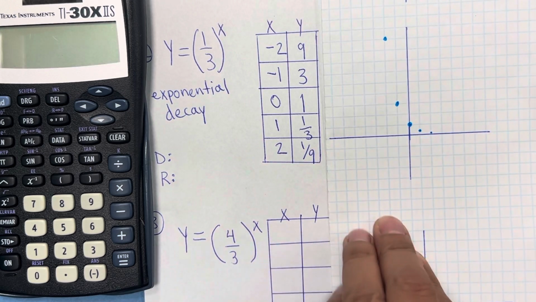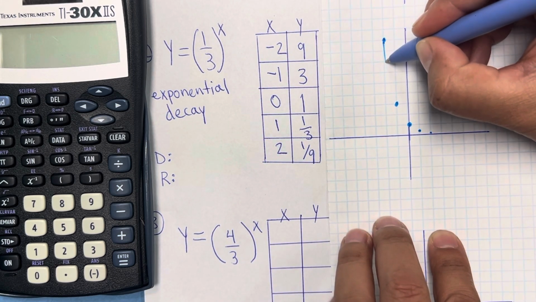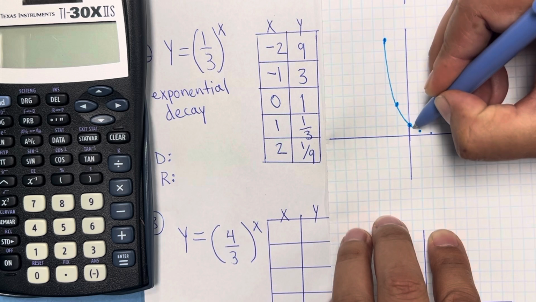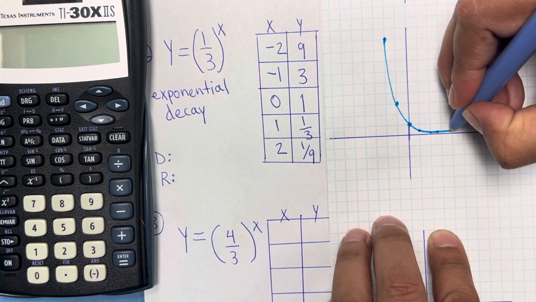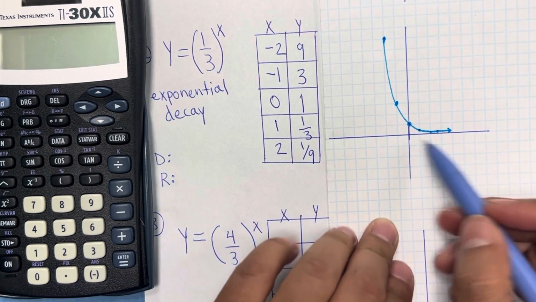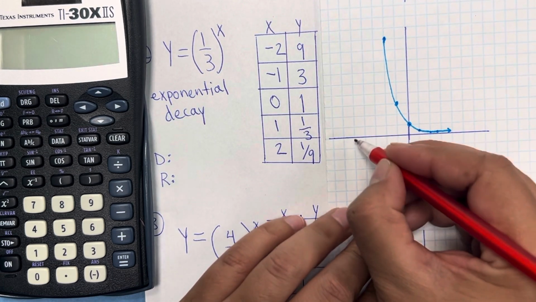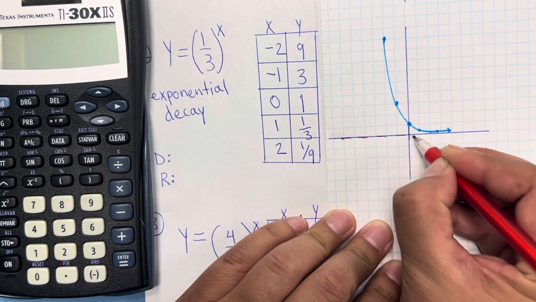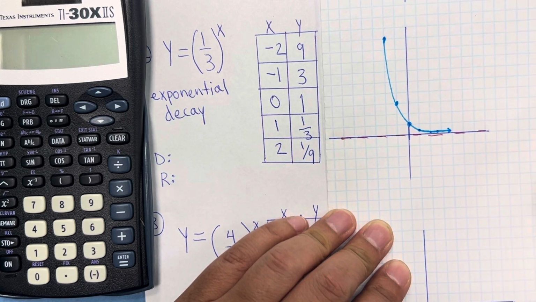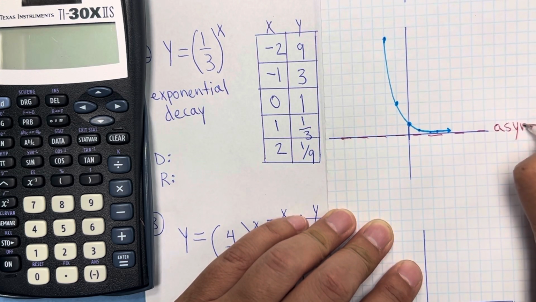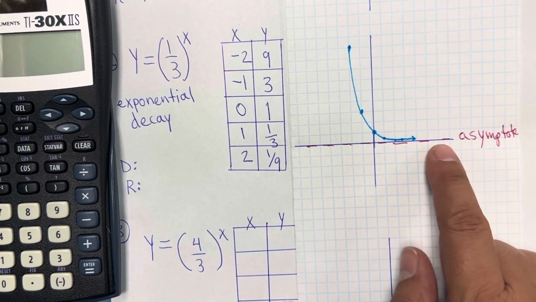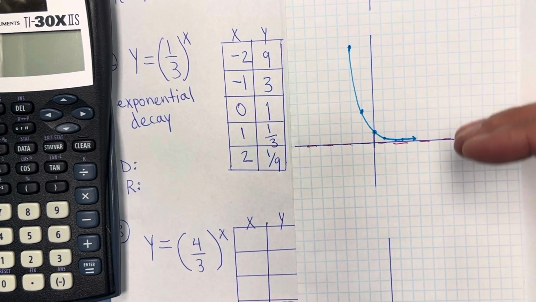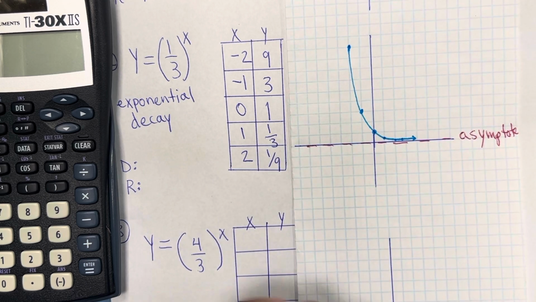So our graph is going to go something like that. Remember, it never crosses the asymptote. The asymptote in here is again 0. And so that's where we stop, or a little before that, because it never touches that.